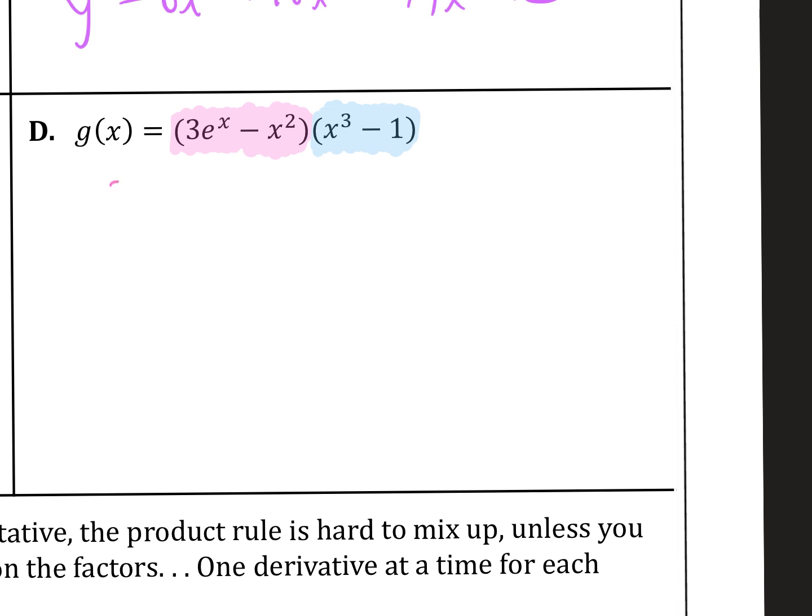All right, so first as it is, times the derivative of the second one, which is 3x squared, plus the second one as it is, times the derivative of the first one. So that would be 3e to the x, because that stays the same, minus 2x.